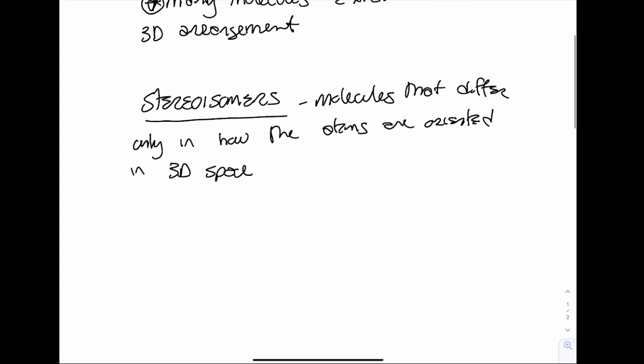The ones that we've seen in the past were our cis-trans isomers. If I was to look at this molecule, sorry, that's supposed to be a dash, versus this molecule, and I was to name them, they're both 1,2-dimethylcyclohexane. The only difference between them is how those two methyl groups are oriented.